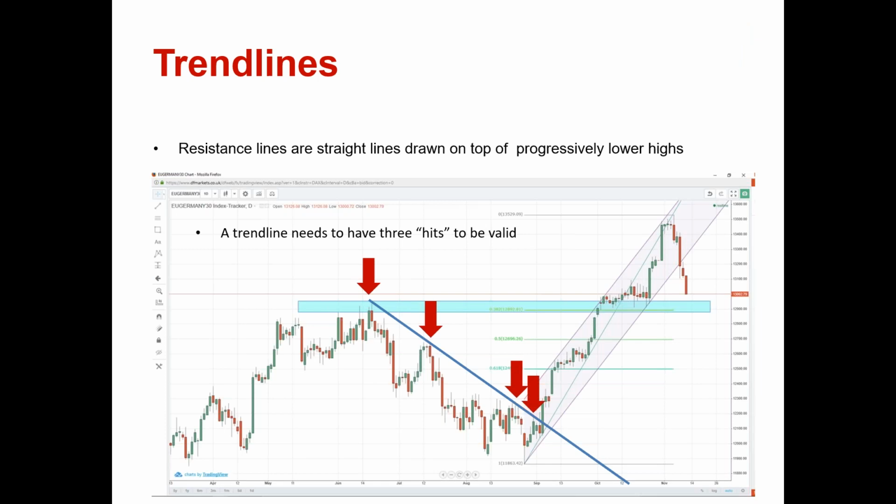So a resistance line is a downward sloping line from top left to bottom right that joins a series of lower highs. If we were in a downtrend, you would have those lower highs and lower lows, and if you can draw a straight line above those falling highs, then you have yourself a trend line.